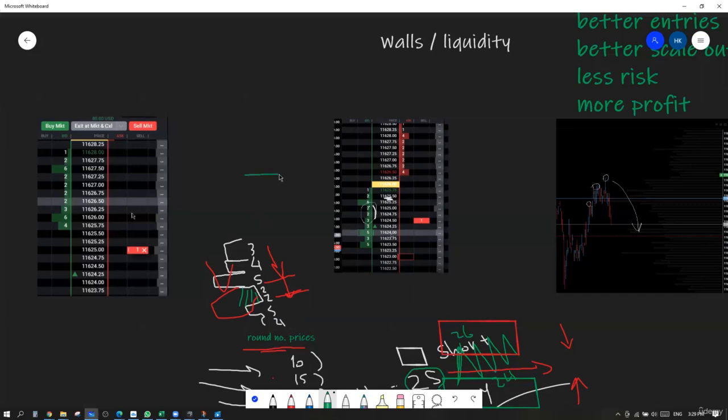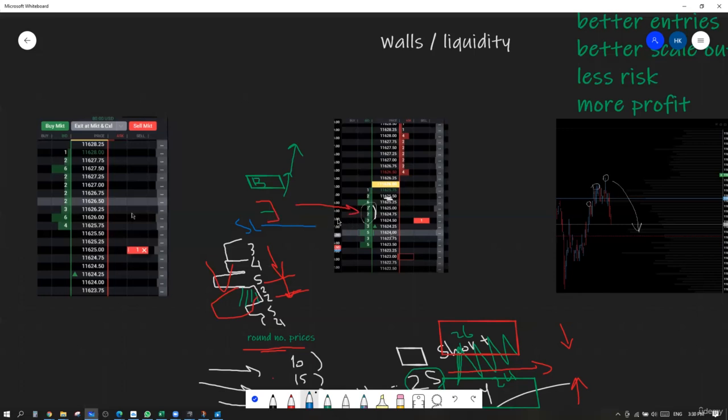If I take a buy and I have a wall behind me, an LVN on the ladder, and the market price action comes, executes my order and starts moving my way, that wall could be a very good place to protect my stop loss. So I place my stop loss just below this wall. It's a better place to protect your stop loss, because if the market came, took this wall out and took your stop loss, then the wall is broken and the trade is not valid anymore. So this is the first use of a wall.